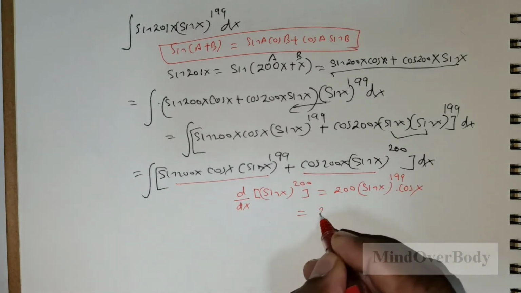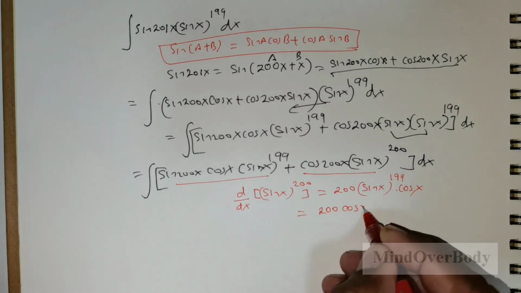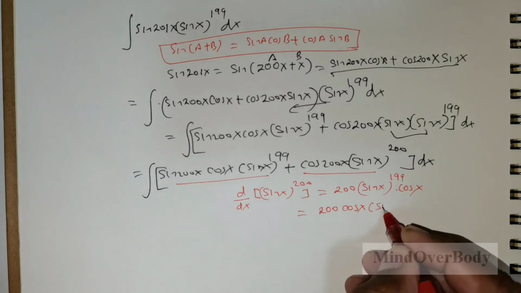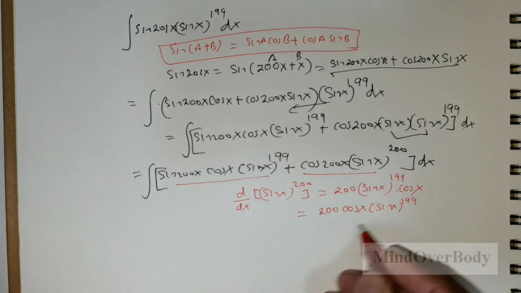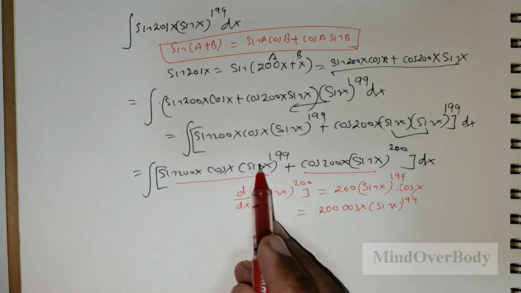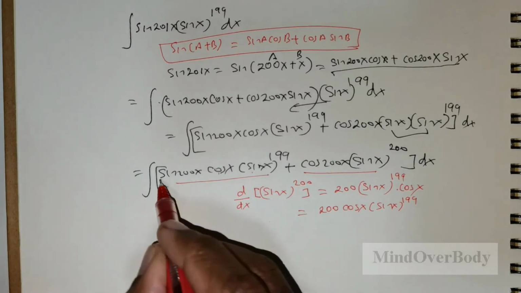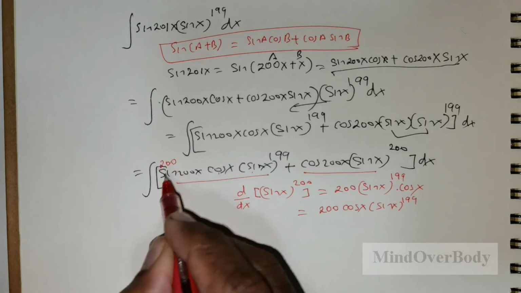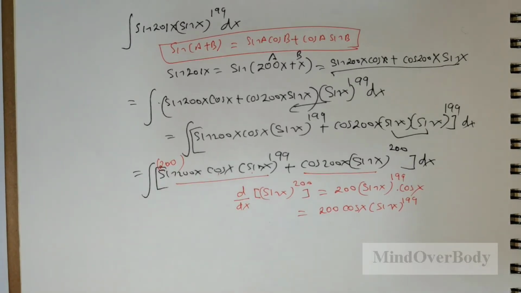So if you were to rewrite this, it's going to be 200 times cos x times sin x raised to the power 199. Now you see here, you got cos x times sin x raised to the power 199. The only quantity that is missing is a constant 200, which we can handle.